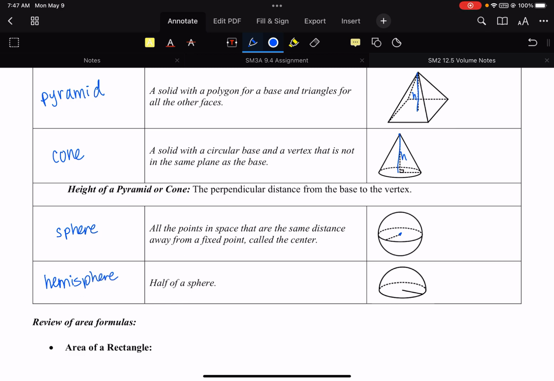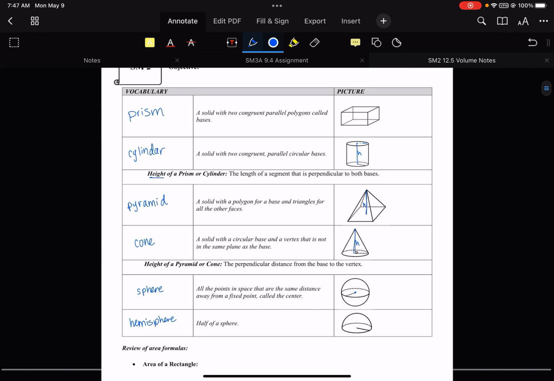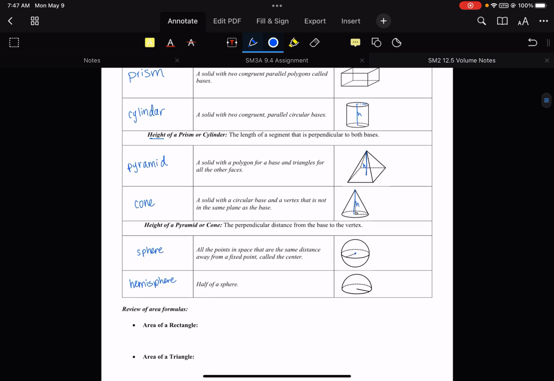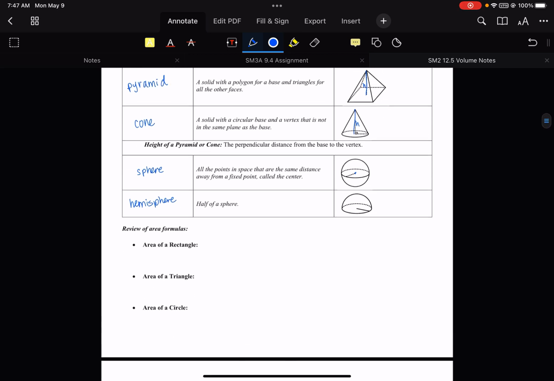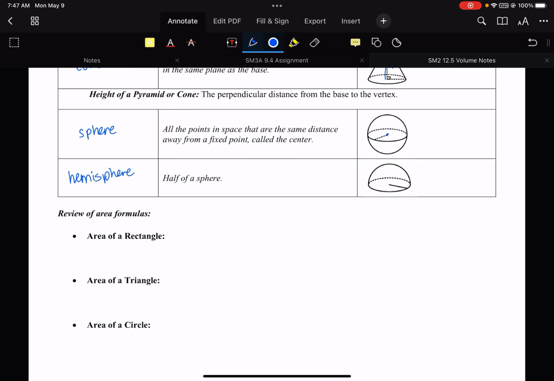Okay, so our goal now is that we want to be able to find the volumes of any of these shapes. In order to find volume, you need to know how to find area. So let's go through some of the areas here. To find the area of a rectangle, remember it's length times width.